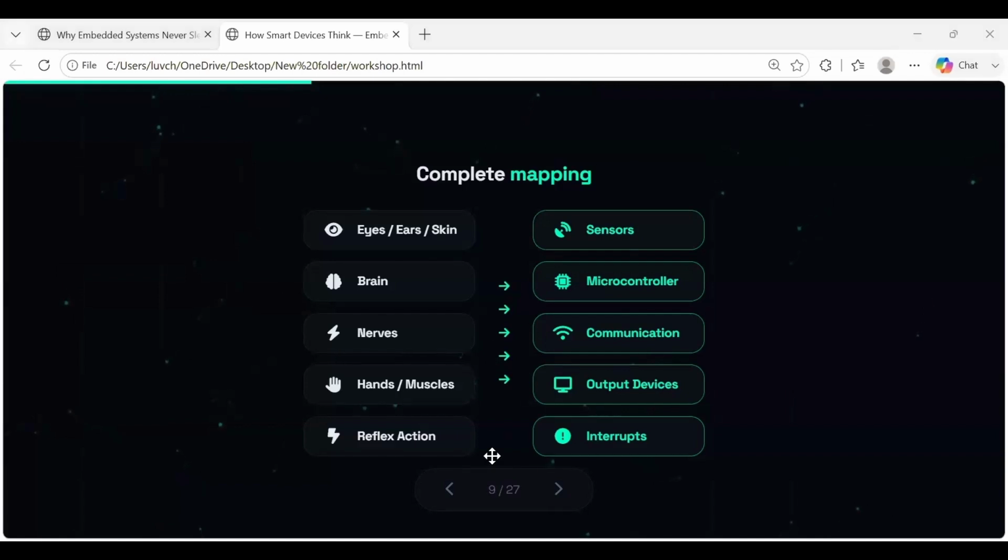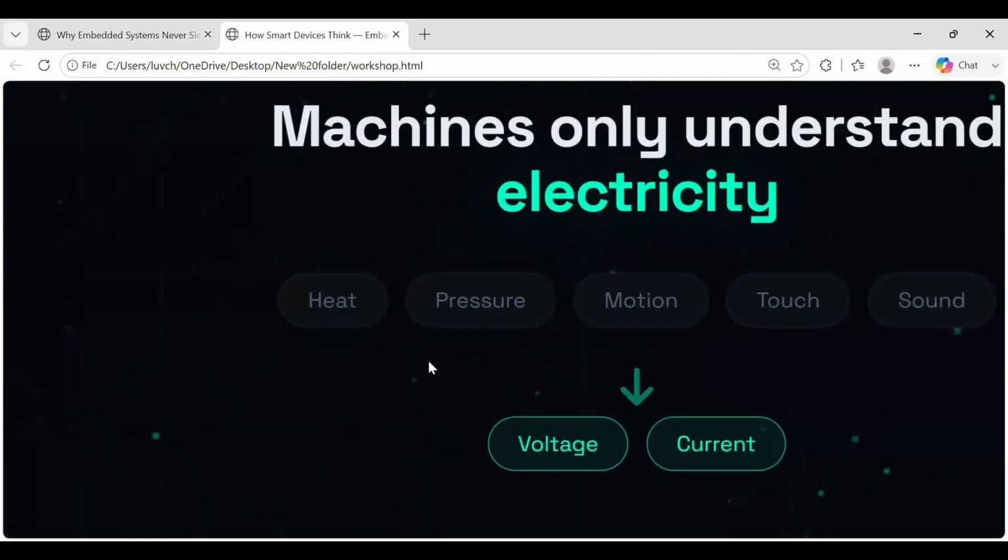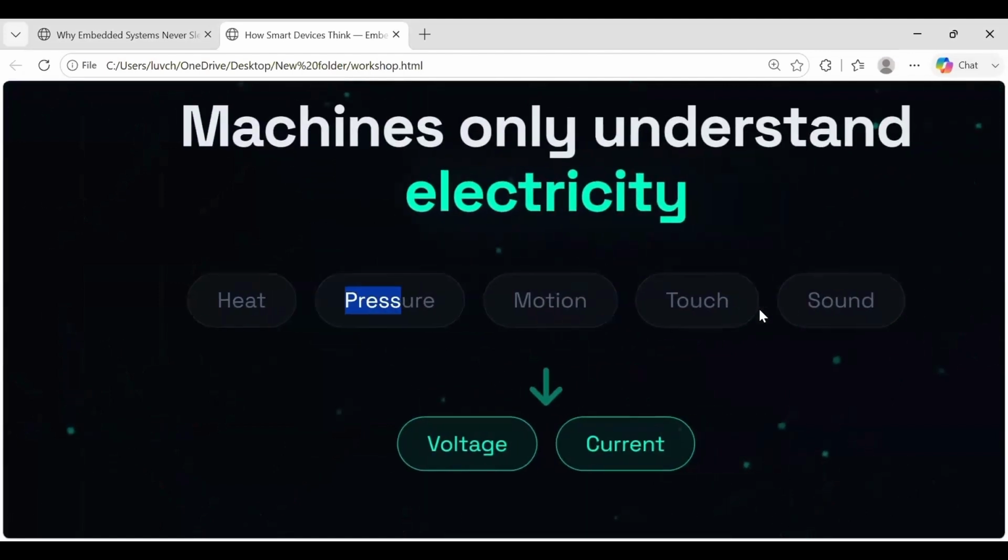Okay, so let's move further. Machines only understand electricity. That is the thing we want to make clear to you. Every sensor, you can see very clearly on the screen: heat, pressure, motion, touch, everything will be converted into either voltage or current, because your microcontroller never understands anything other than voltage or current.